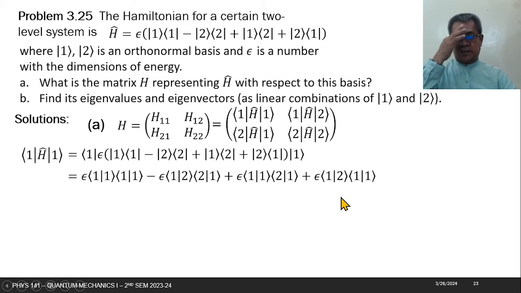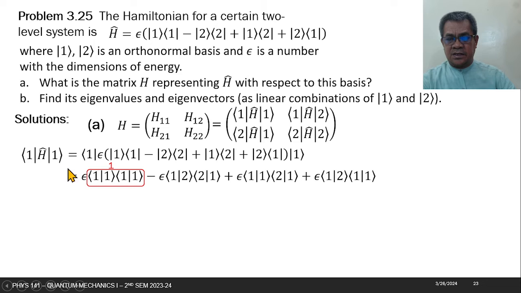Then let's now evaluate the inner product. Take note that this is 1,1, so this is the Kronecker delta of 1,1, which is equal to 1. This means that the inner product is just equal to 1 multiplied by epsilon, so this term is just equal to epsilon. And this one is because state 1 and state 2 are orthogonal. Therefore, the inner product must be 0.